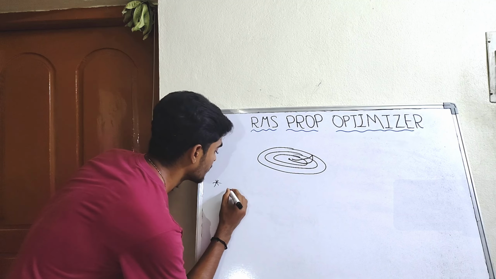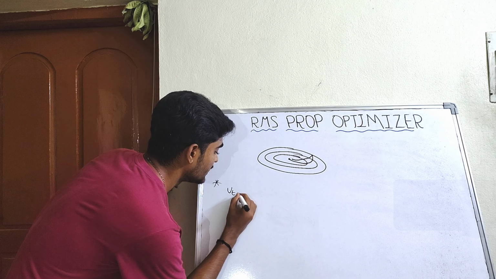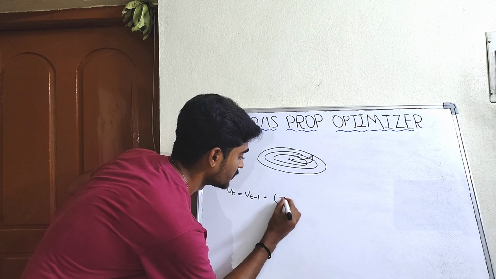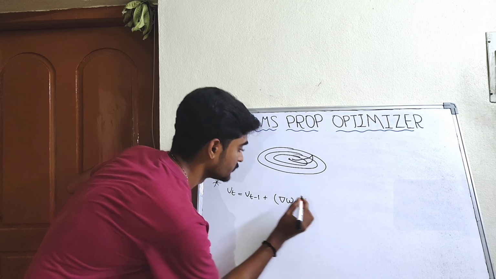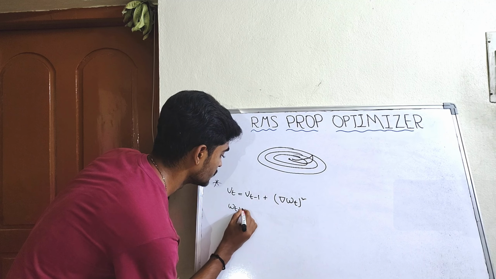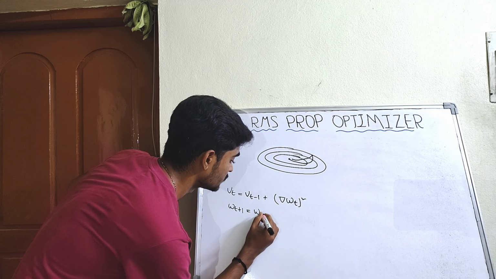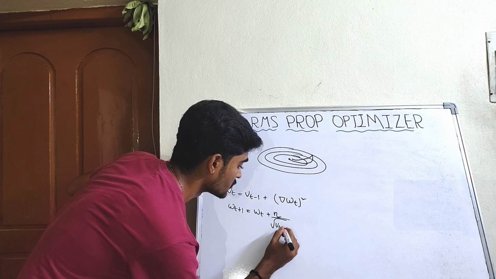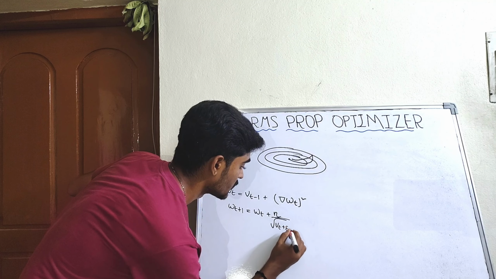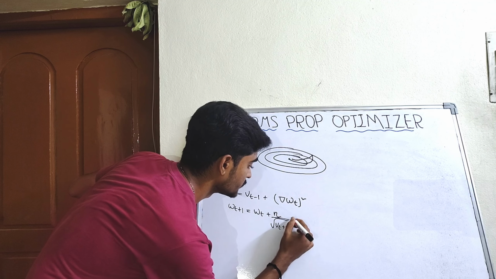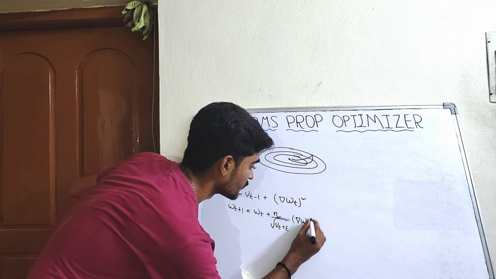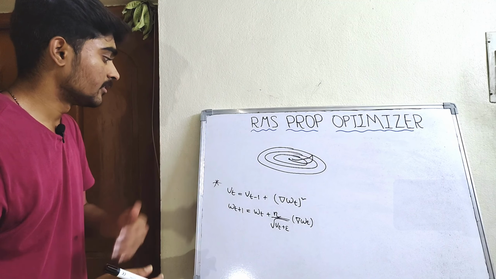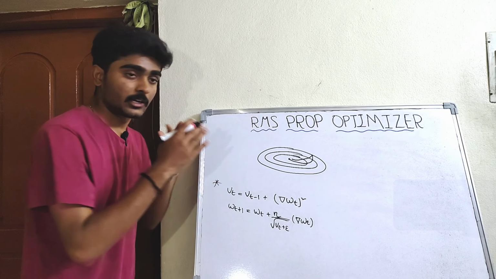First, Vt is equal to Vt minus 1 plus... Yeah, this is the formula of the AdaGrad optimizer.